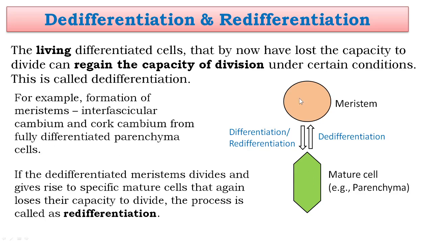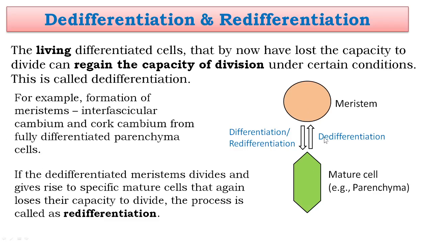Parenchymatous cells become meristem, and that is dedifferentiation.